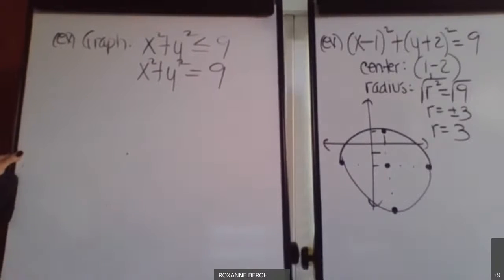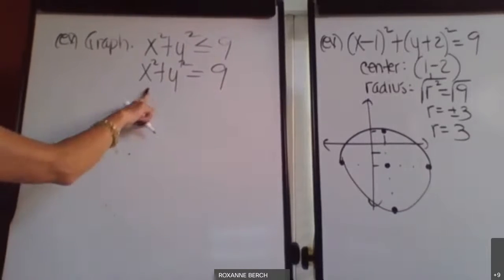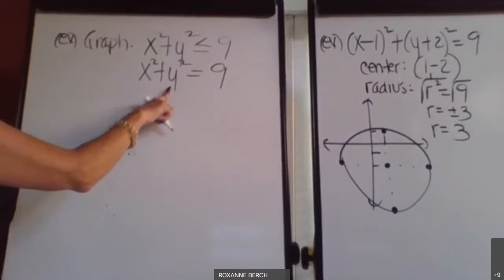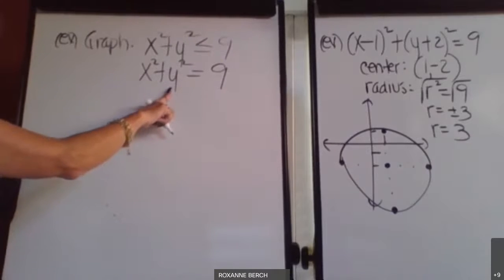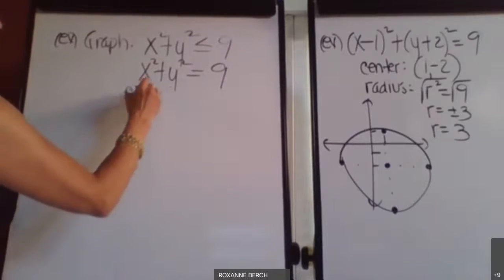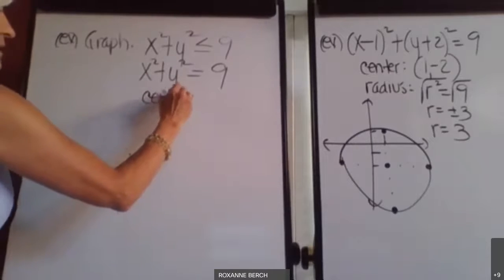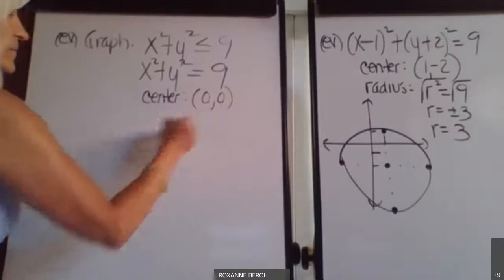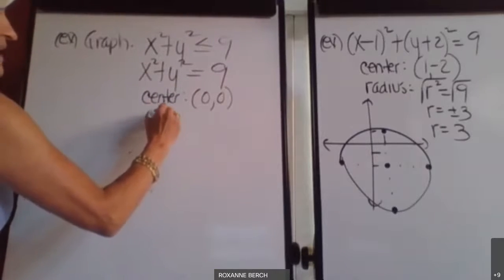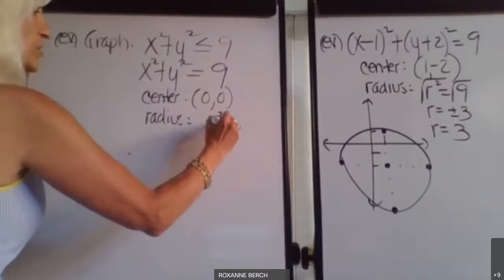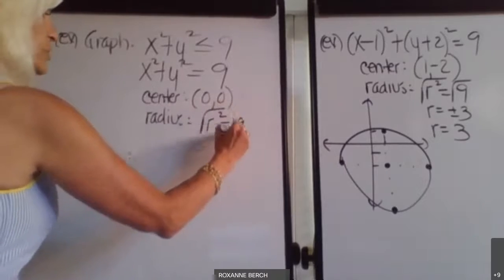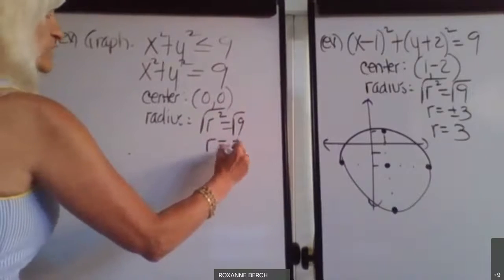So here we go. Remember what I said, this is (x minus 0) quantity squared plus (y minus 0) quantity squared. This is a circle. So the center is at (0, 0). And the radius is r squared equals 9, which means the radius is plus or minus 3.